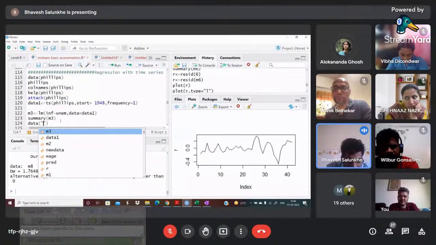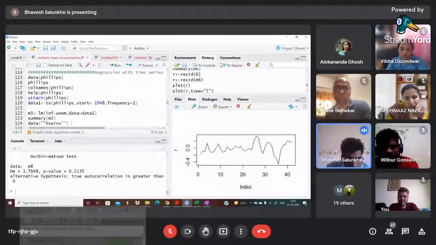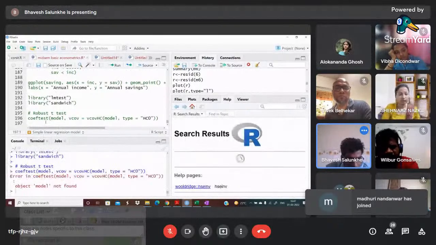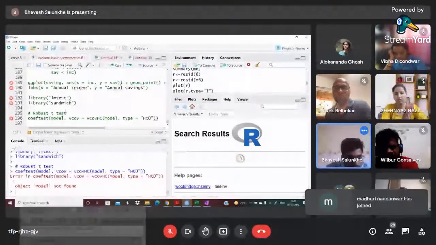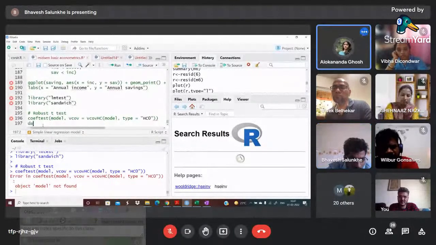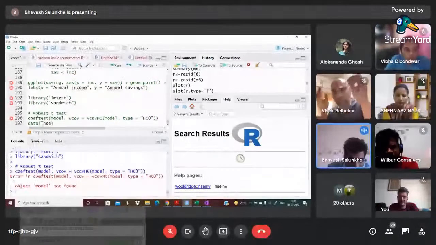What is the name of that data? HSEINV. So in double inverted commas you put that name. Control enter. Sorry, I just made some mistake over here. It is already given in the script, so from there you can see it is HSEINV.